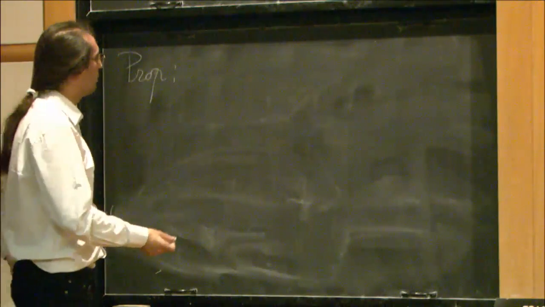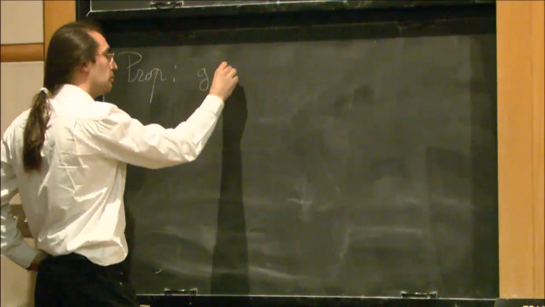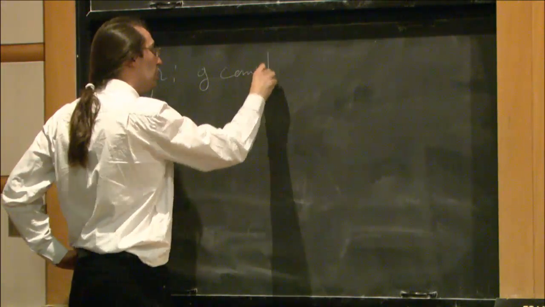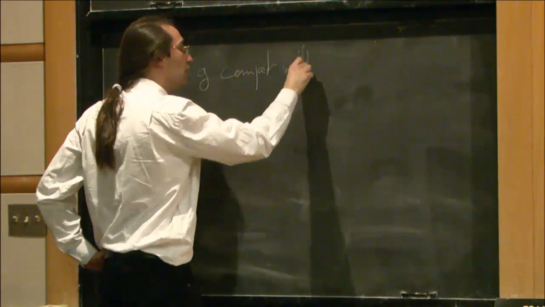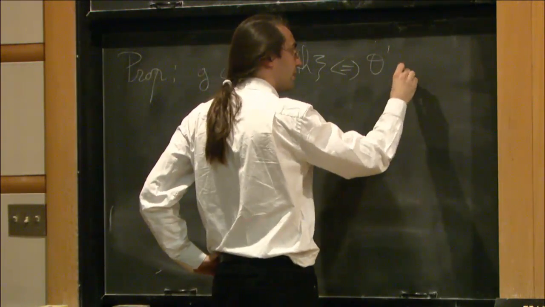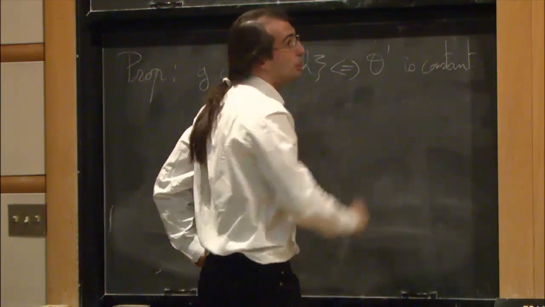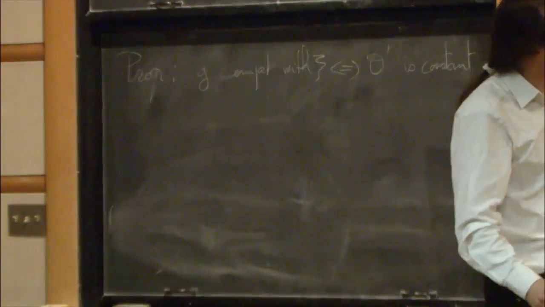I don't know, I mean, ancient. So first, G is compatible with Xi if and only if, first, the rotation speed is constant. So remember this rotation speed that I introduced earlier.